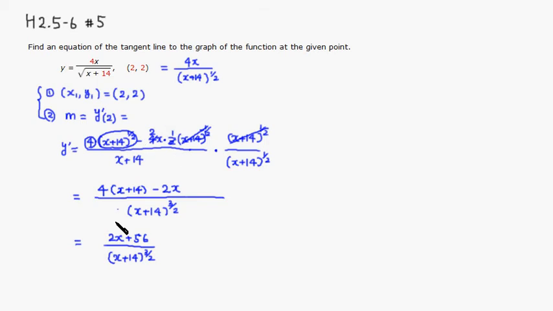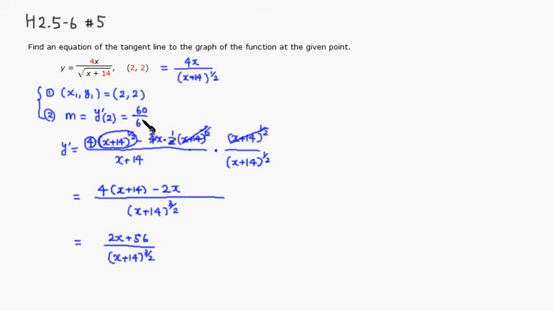So you have 2 times 2 is 4 plus 56 is 60, so we have 60 there over, and plug in 2 here: 2 plus 14 is 16. Raise it to the 1/2 power would be square root, so the square root of 16 is 4, and 4 cubed is 64.